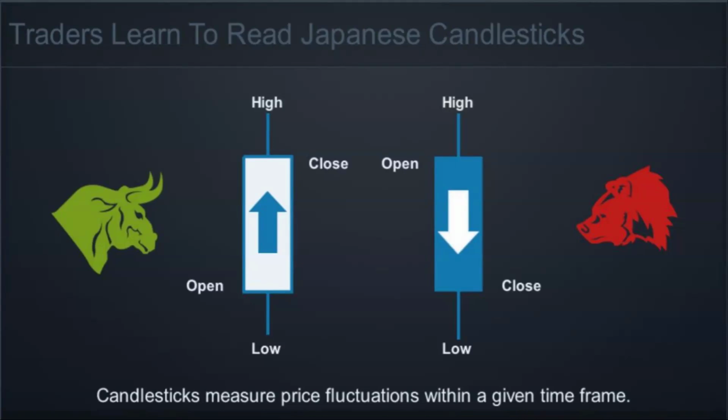Okay, so there are five key properties of the candlestick. One is the open, two is the close, three is the high, four is the low, and five is the body, the candle body. This space here, the whole of this space, is the candle body.